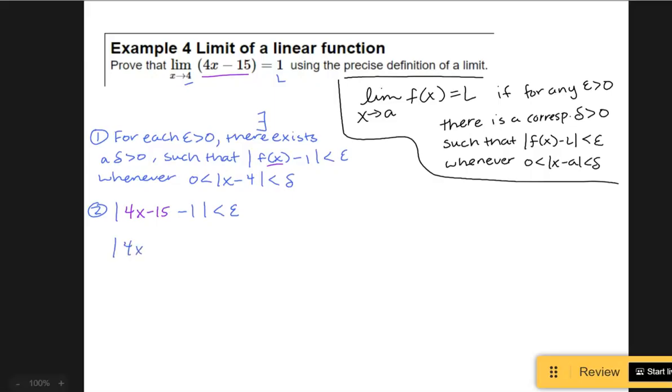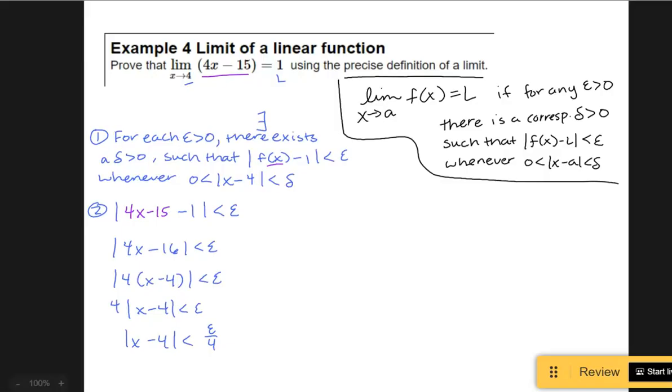You have 4x, combine your like terms. The absolute value of 4 is just 4, so that can come out. And now divide both sides by 4. This is the work that has to be done.